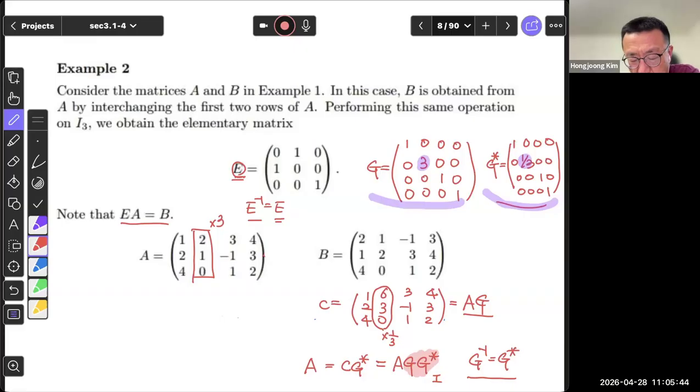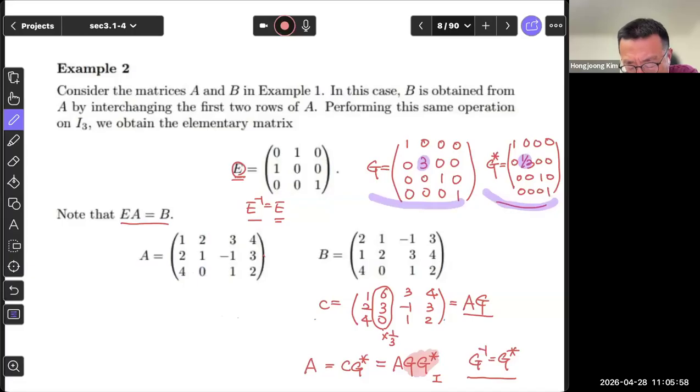And in case of the third type, we previously considered the replacement. We multiplied 4 to the first row and third row, and then added to the first row to get M matrix. You remember that?